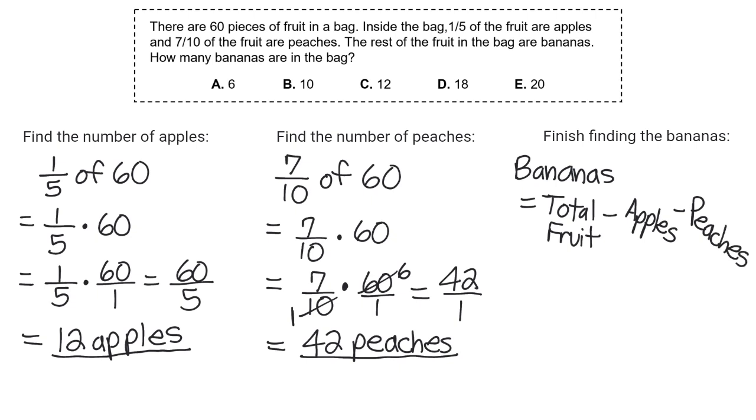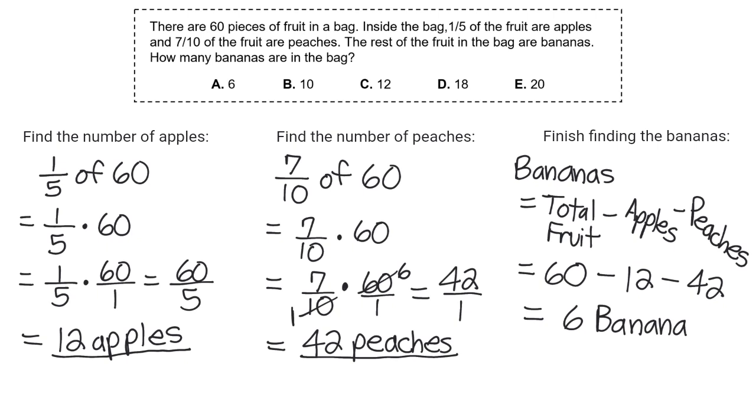There we go. So we know there's 60 fruit total minus the 12 apples that we had minus the 42 peaches that we have, and what's left over is going to be the bananas. And so if you do the math on that, 60 minus 12 minus 42 is going to give you 6. So it looks like there's going to be 6 bananas in the bag. Looks like the answer is going to be A.